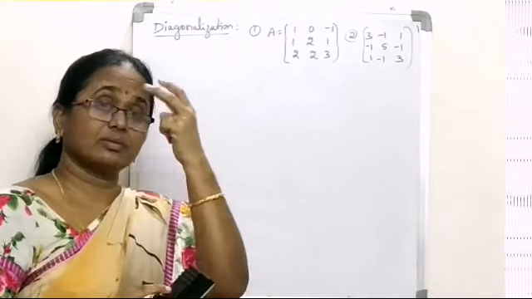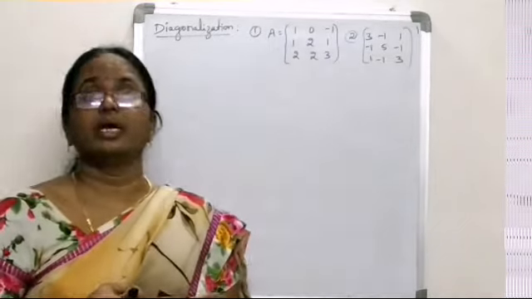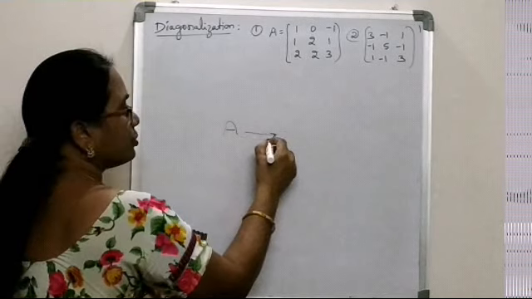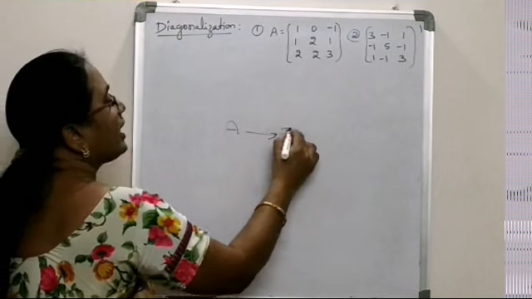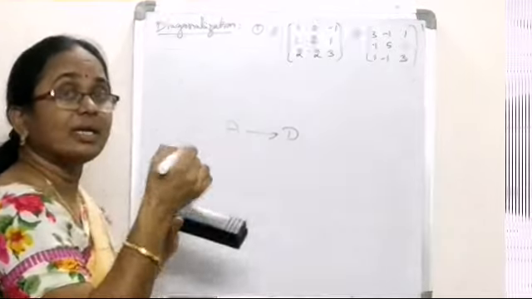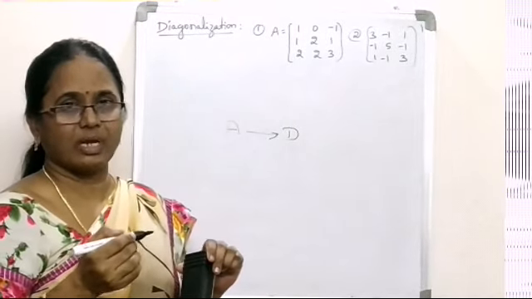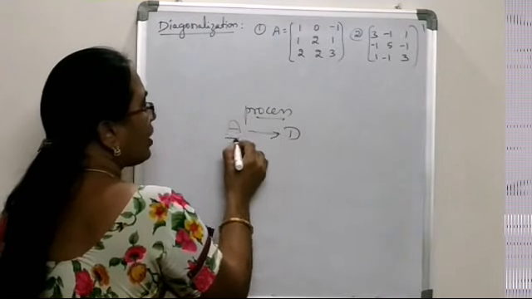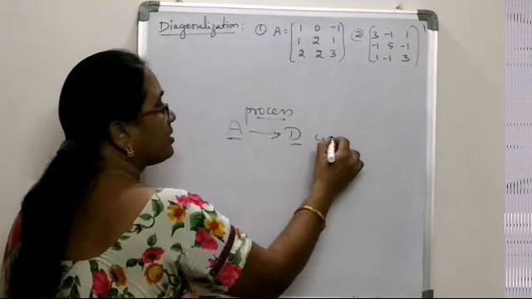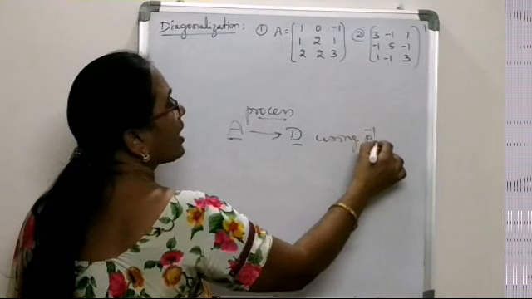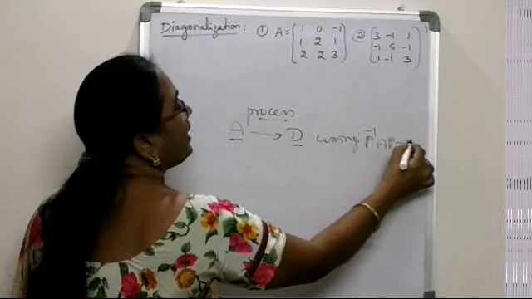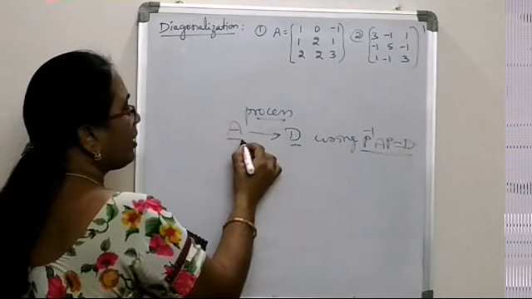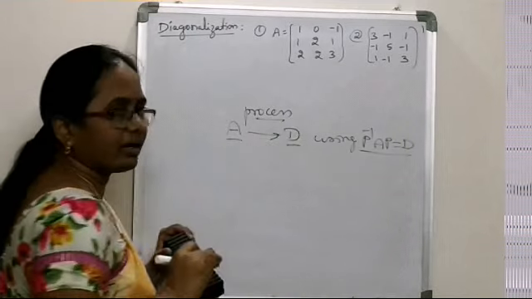Diagonalization is a process where a given square matrix is transformed to a diagonal matrix using the similarity transformation P inverse A P equal to D. When using the similarity transformation, a square matrix is reduced to a diagonal matrix.